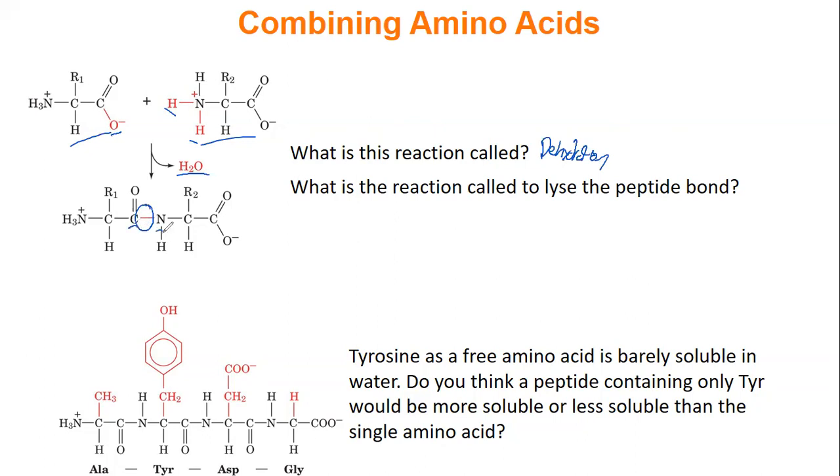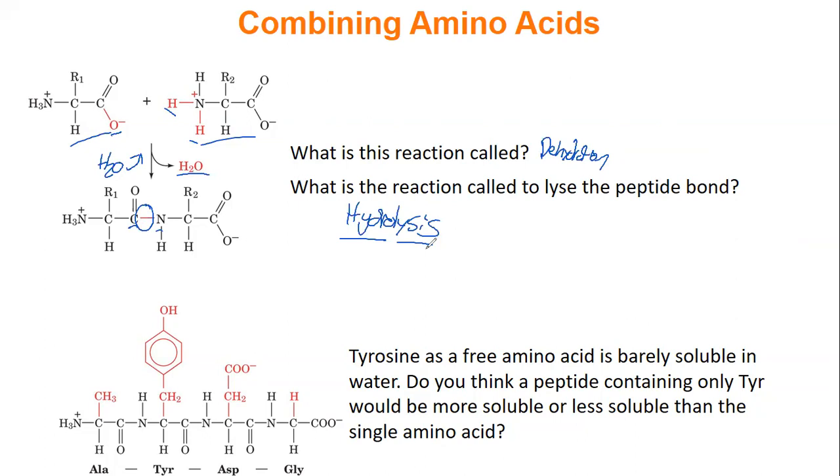And to break this, to reverse it, you need a lysis, and it's called hydrolysis. So using water to cut something, to go the reverse, to take a peptide bond and cut it, you need water and you need to cut it. Whenever you see the word lyse, that means to cut. So hydrolysis is water cutting.